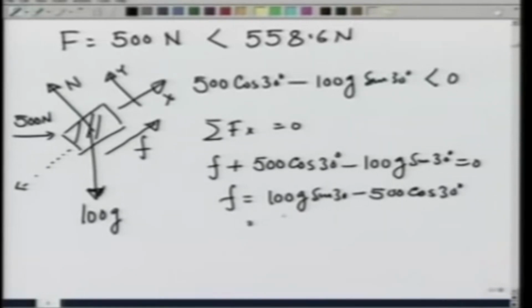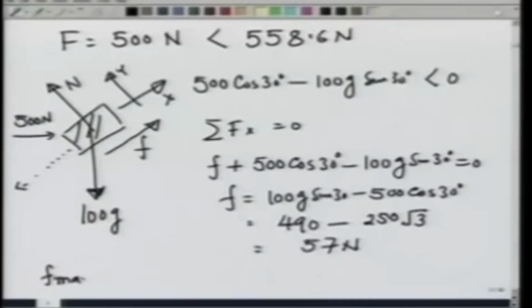I plug in the numbers, I get 490 minus 250 root 3, which comes out to be 57 newtons. So, the frictional force that I require to keep the block in equilibrium is 57 newtons.